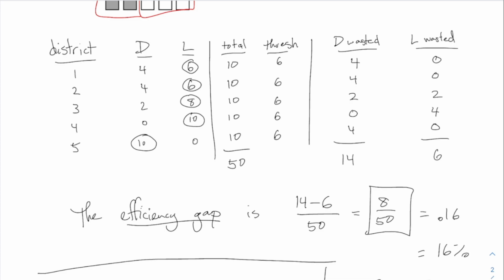All right. Yeah. Thresholds. Try to do that. Yes.